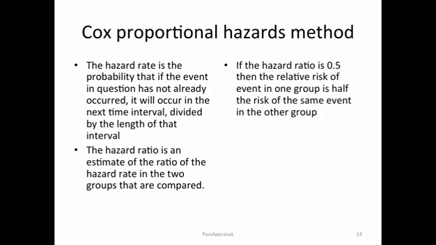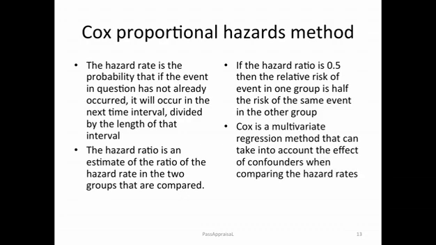If the hazard ratio is 0.5, then the relative risk of event in one group is half the risk of the same event in the other group. Cox is a multivariate regression method that can take into account the effect of confounders when comparing the hazard rates. Moreover, unlike the log rank test, Cox proportional hazards test can provide an estimate of the effect size and confidence intervals as well.